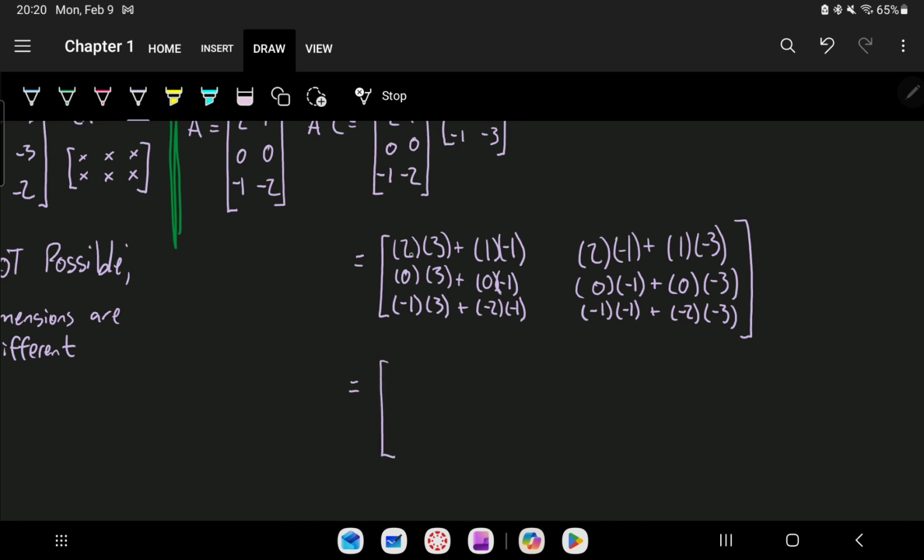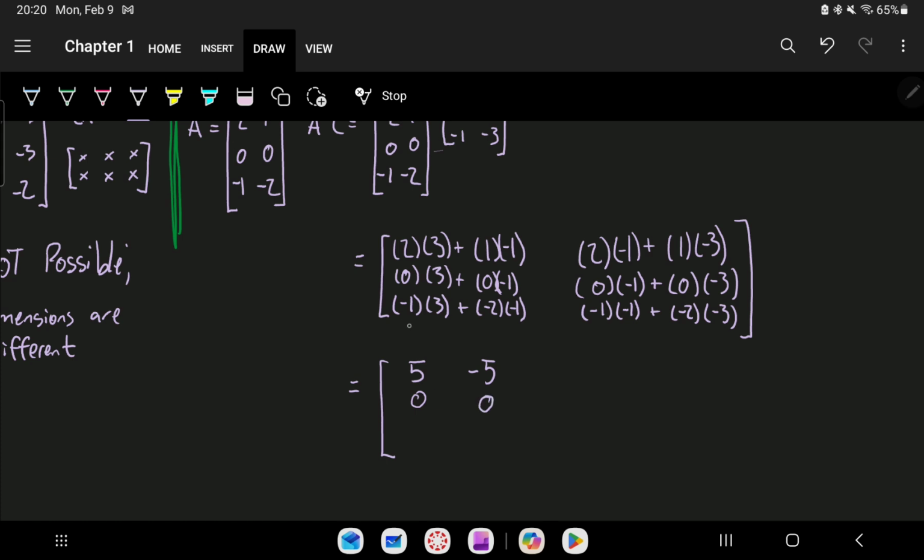So, first cell, 3 times 2 is 6, plus -1 is going to be 5. 2 times -1 is -2, plus 1 times -3, that's going to be a -2 minus 3, going to give us a -5. And you'll notice that the second row of A transpose is both zeros. All of this is going to come out to be 0, and you can do those dot products if you don't believe me.